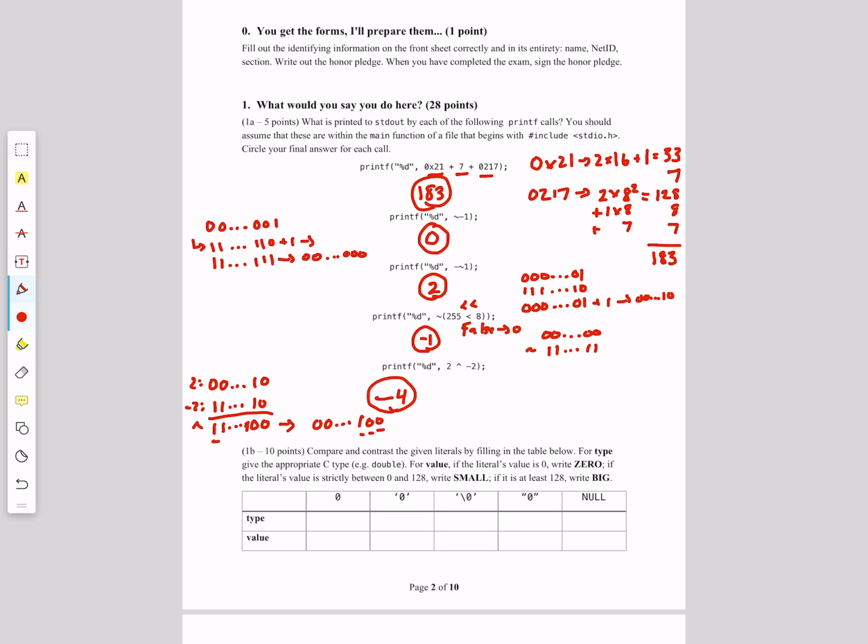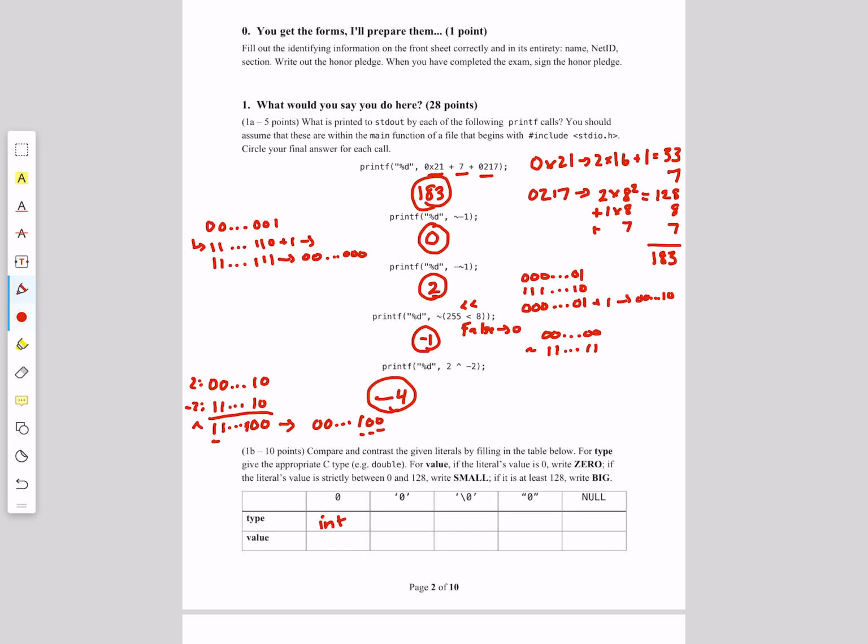In the second piece of this first problem, we're asked to fill in the table, giving a type and a value for each literal that has something to do with the digit 0 or the value 0. For the values, we're asked to just write 0, small, or big. So let's start out with the literal 0.